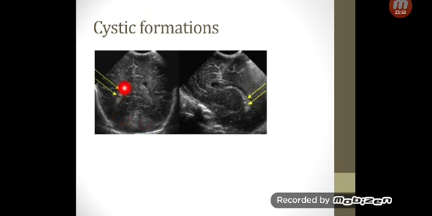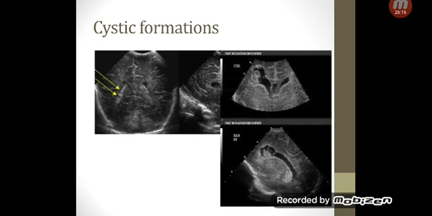So these are choroid plexus cysts, which are absolutely normal to find. They are not pathological. They are just a normal variant, and you shouldn't really get concerned about them, but it's good to mention them in your report if you're reporting.